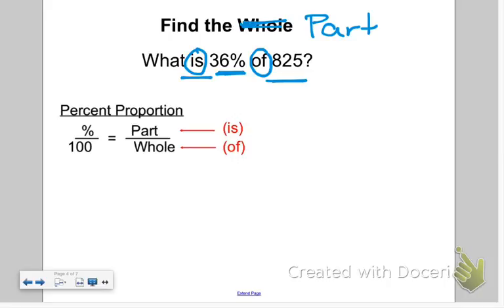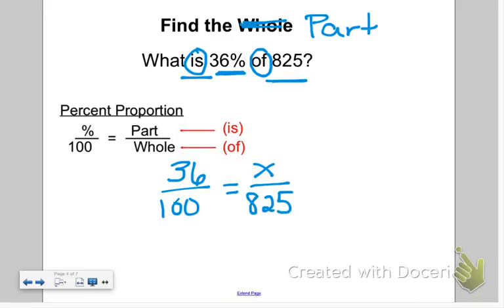So if I were to solve this problem, I would first set up my percent proportion. I'm going to have 36 over 100 as my first ratio. My other ratio is going to be a variable over 825 because I'm missing the part. And then you can go ahead and solve this. So that's 100 times x when I cross multiply here.